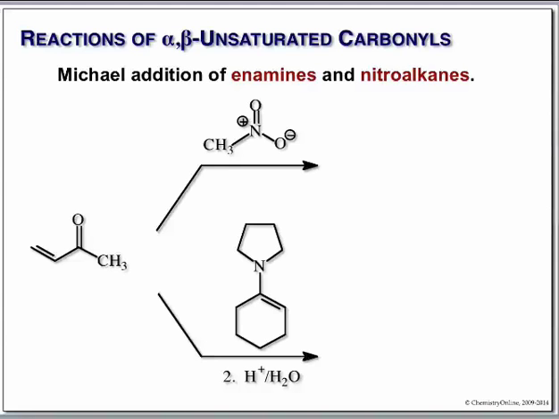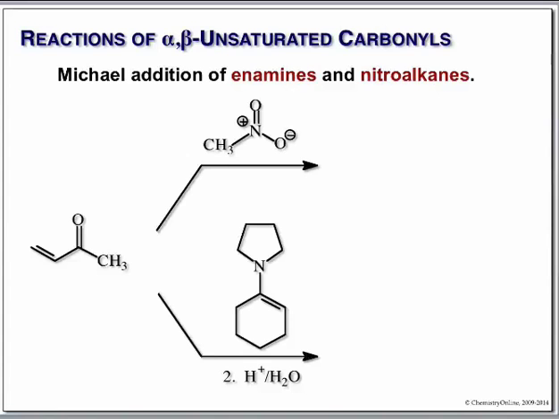It's an enamine because it's an alkene where the nitrogen is directly attached to it. This is a nice stable form for an enolate anion because the electrons move in and we get electron density here. This one we didn't talk about too much, but it's in your book.